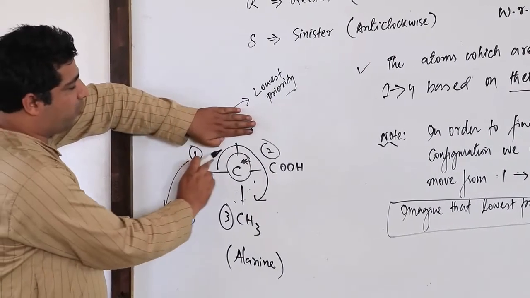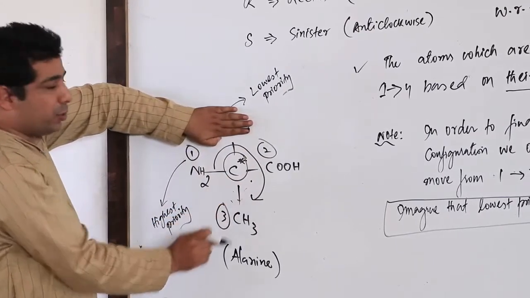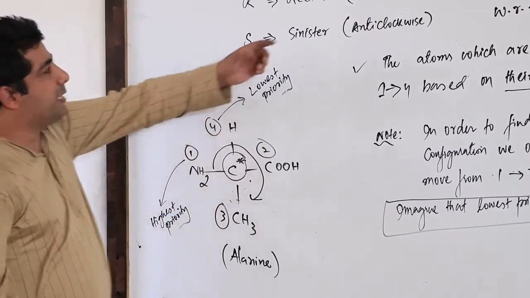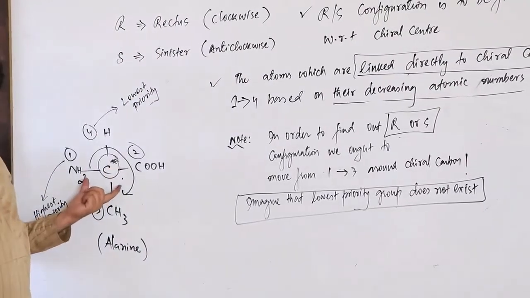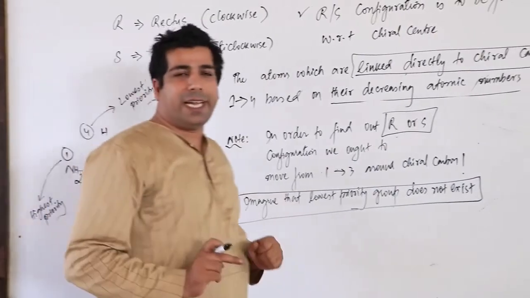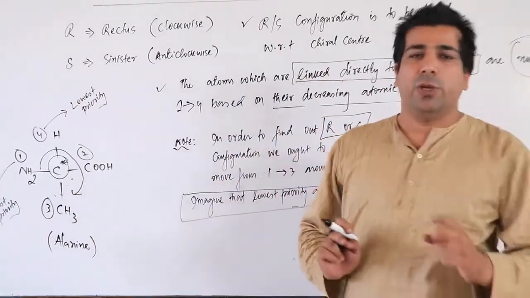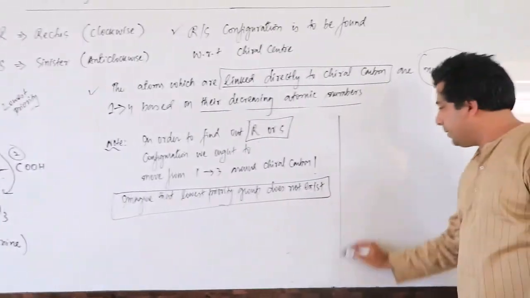So you are moving from 1 to 3 like this. So the clockwise rotation, and clockwise basically means rectus. So this should be R configuration. But before saying that this is R configuration, you have to understand one more rule here.